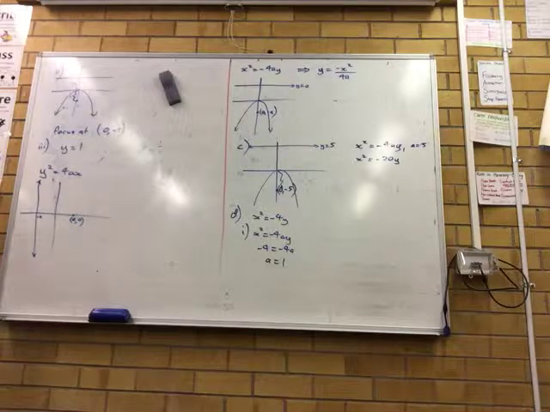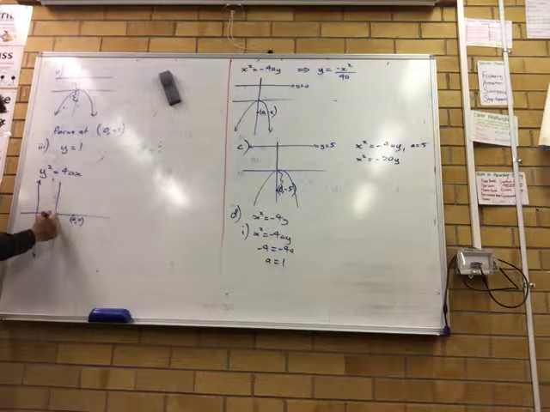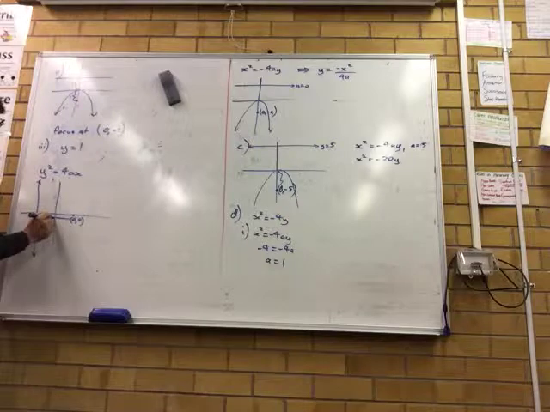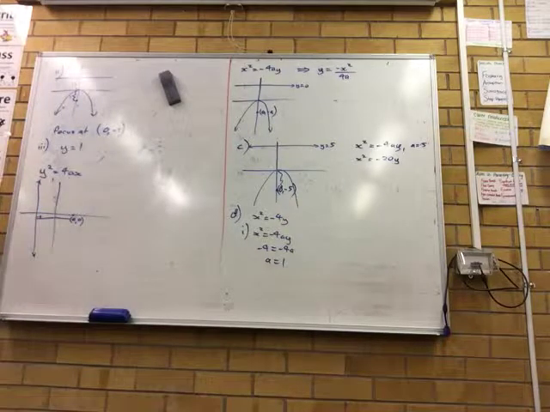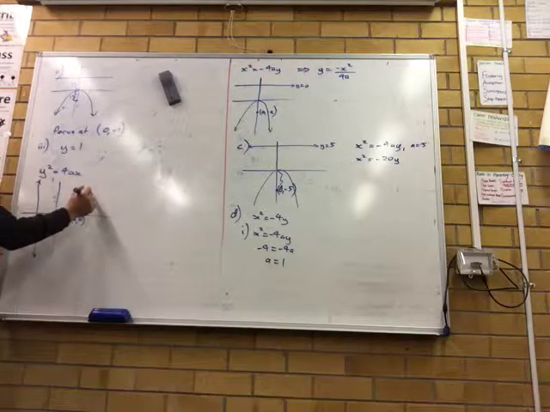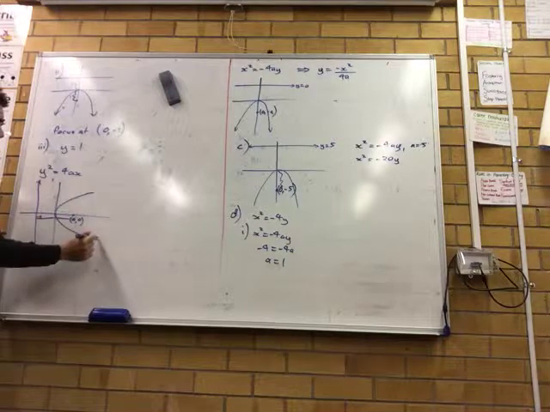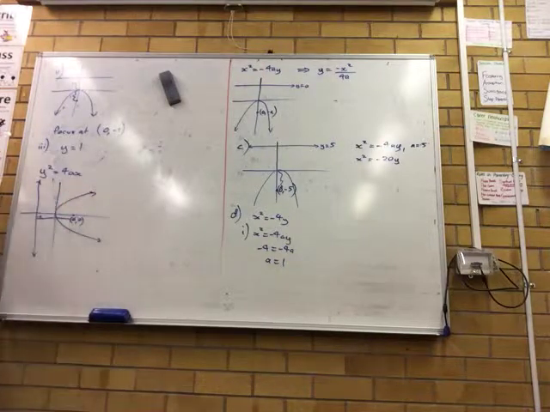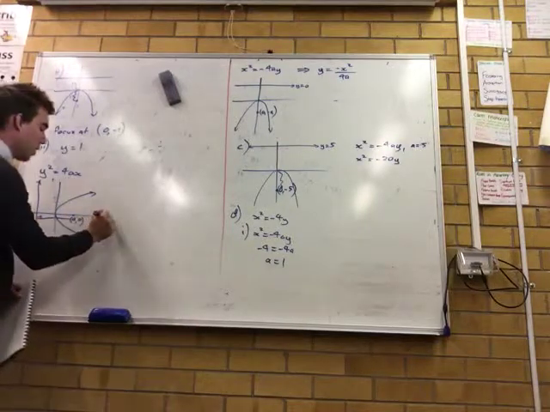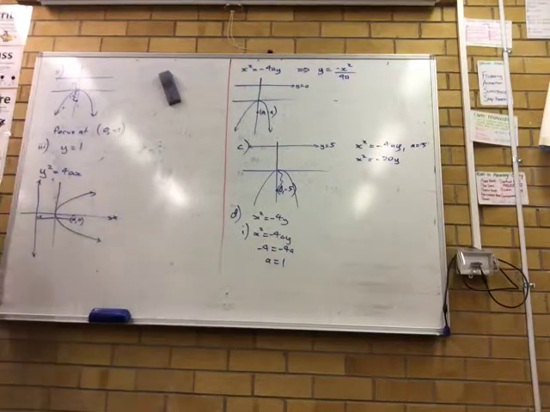Remember the distance between the vertex and the focus is the same as the distance from the vertex to the directrix. So that means the vertex of the parabola will be at the origin. The focus is inside the parabola and the parabola never crosses or touches the directrix. So we have a sideways parabola opening out on the positive x-axis.